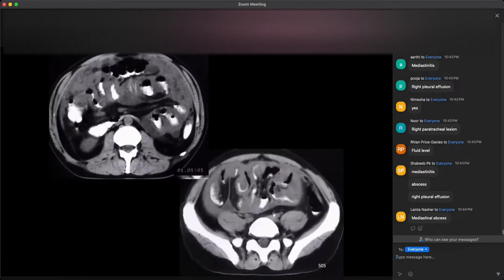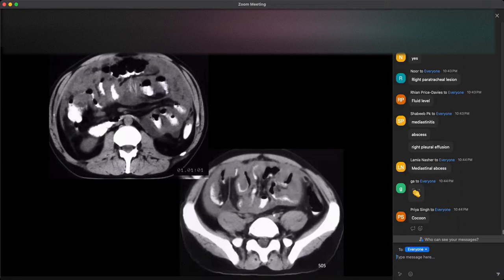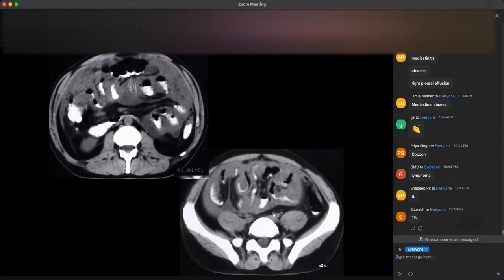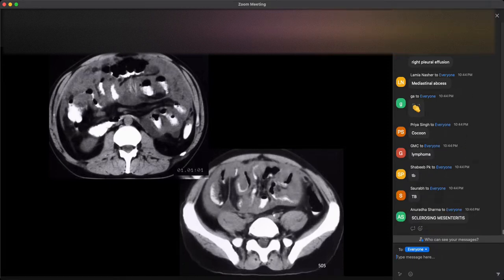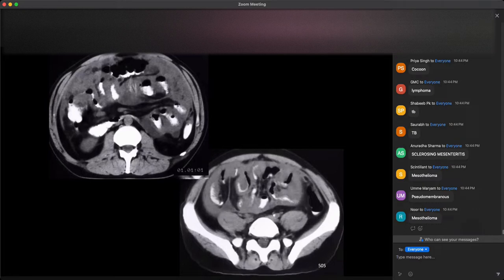Okay, what is going on here? Not lymphoma. If you saw that in the chest, what would you call it? Would you call it a mesothelioma of the pleura? Yes, you would. Therefore, it's a mesothelioma of the peritoneum.